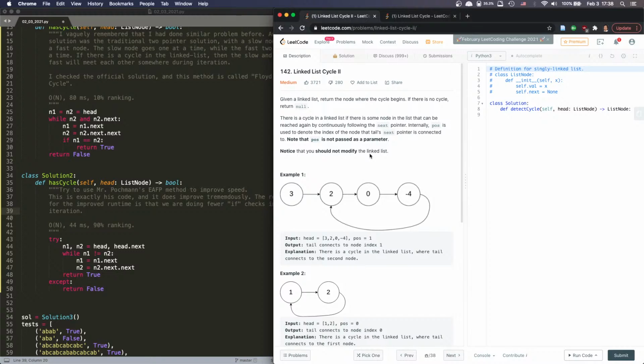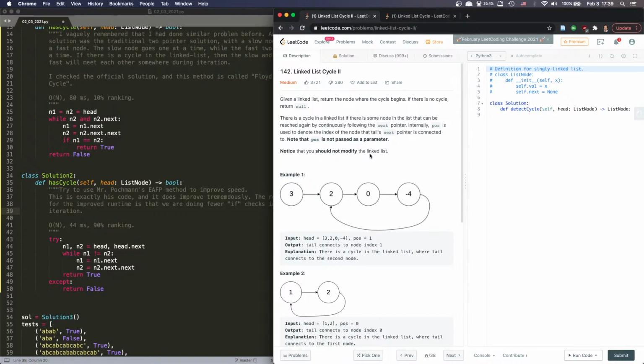When they meet, there might be a math formula in this. So say there are k nodes in here, and then L nodes inside here. Just X nodes and Y nodes would be easier.